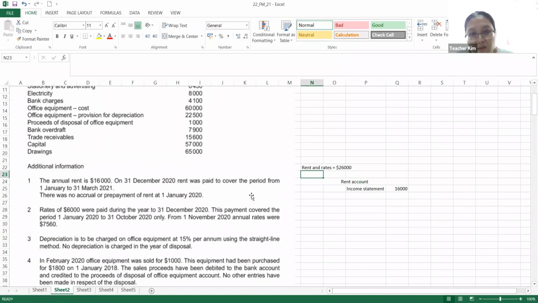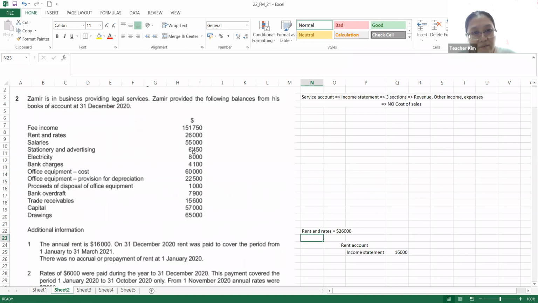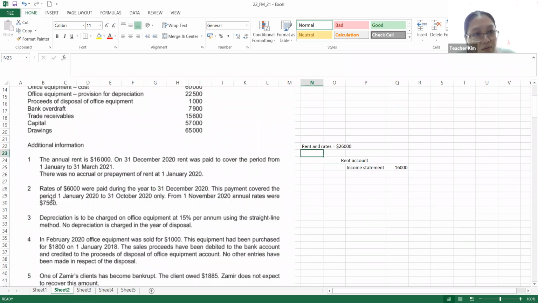Rent was paid to cover the period from 1st Jan to 31st. So how much of it? Let's see. We have to see this rent first. This is the amount that we paid, 26,000, which is rent and rate. Here, rate of the rent were paid during the year.